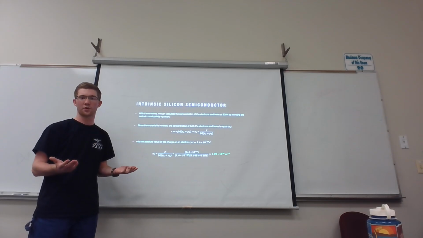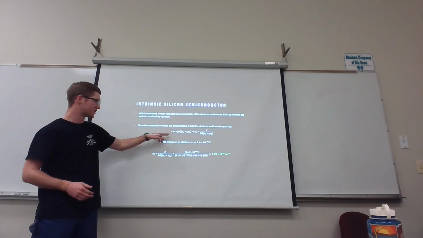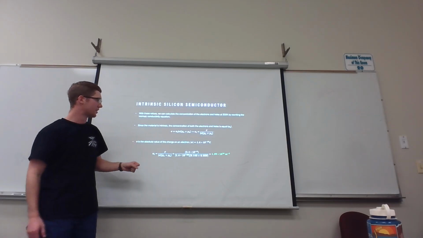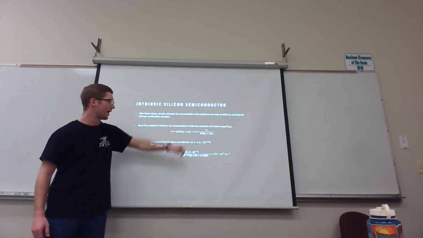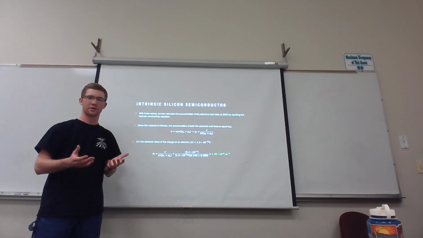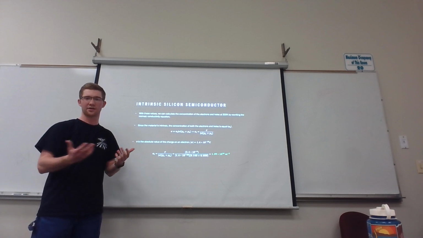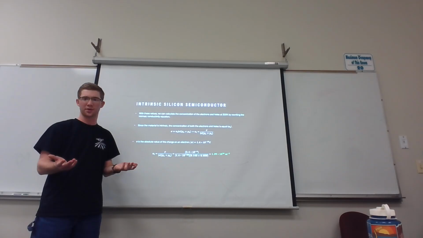The concentration for both will be the same at every temperature. So what we can do is reverse engineer the conductivity equation to give us Ni, which is the concentration of both the holes and the electrons, which can really be either or. It's not them together, it's them separately, it's just the same number.